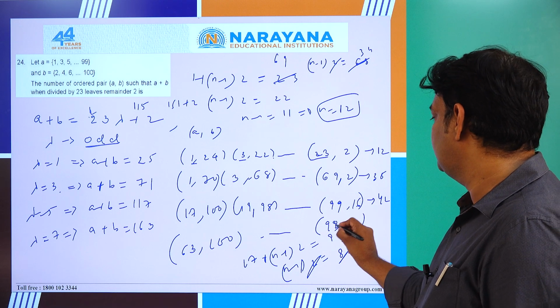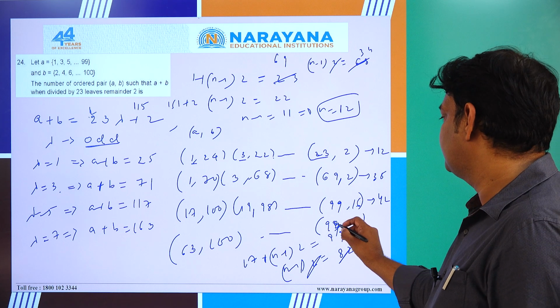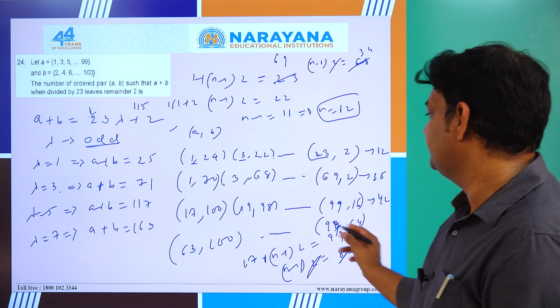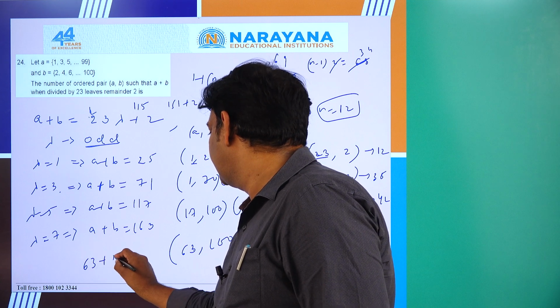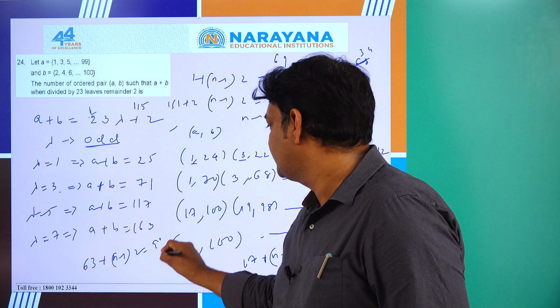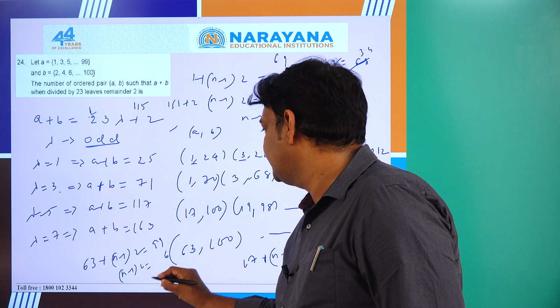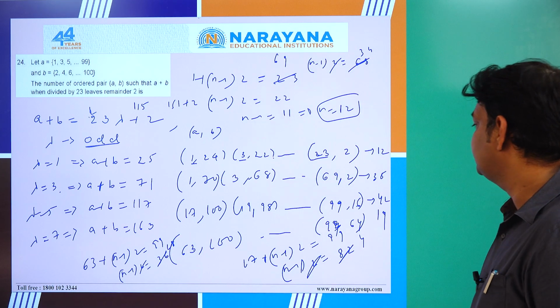And then A takes the maximum possible value 99, then B will be 64. So A goes from 63 to 99. a plus (n minus 1) into d is 99, so n minus 1 is 18, plus 1, 19 possibilities came here.